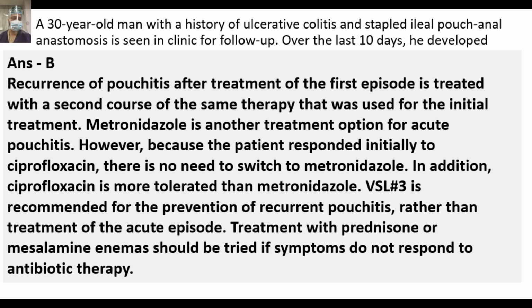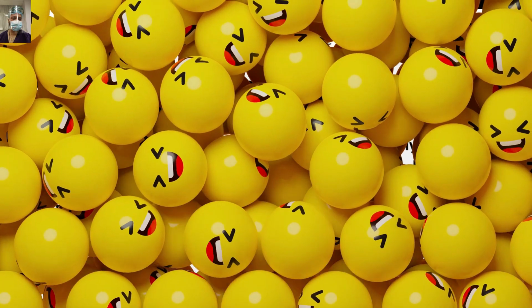In addition, ciprofloxacin is better tolerated than metronidazole, and even in the Cochrane analysis, they proved that ciprofloxacin is better as compared to metronidazole. And VSL-3 is recommended for prevention of recurrent pouchitis rather than treatment of acute pouchitis. Treatment with prednisolone or mesalamine enema should be tried if symptoms do not respond to antibiotic therapy.